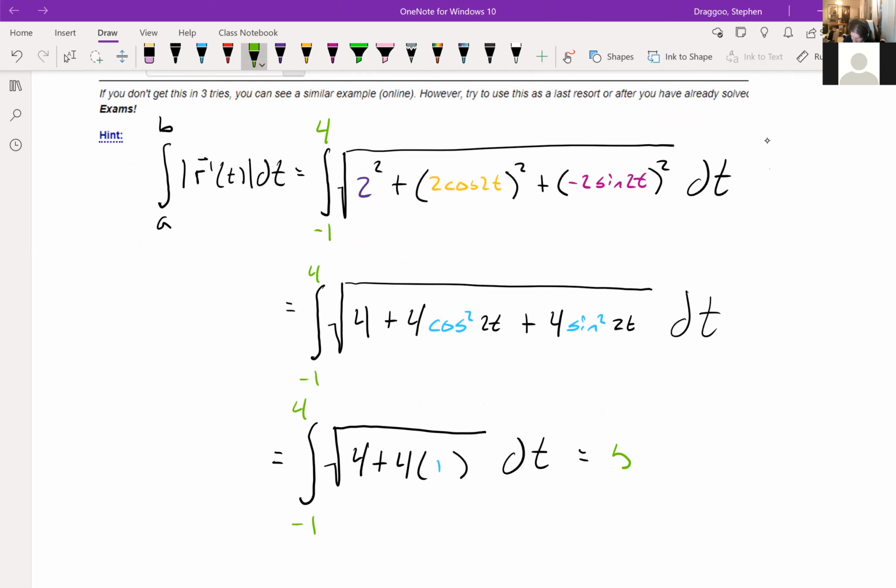So this thing is going to be 5 times the square root of 8, or 10 root 2, if we felt like rationalizing. Also notice that because that square root came out to not have any dependency on t, in fact, the whole integral had no dependency on t, integrating a constant is just going to end up being the length of the interval. Our length is 5. 4 minus -1 gets us to 5. So green, because it's coming from that -1 and that 4.